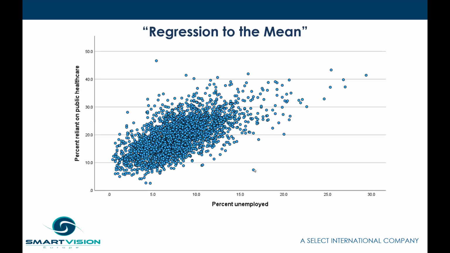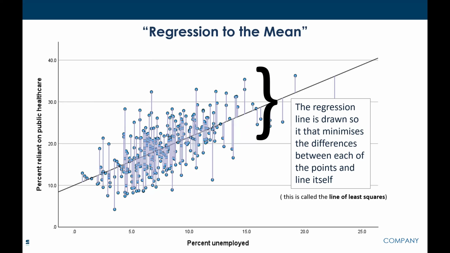The more unemployment you have, generally speaking, historically, the greater the reliance on public health care as opposed to private health care, which of course is very important in the US. Now, regression to the mean refers to this line that you can draw through this scatter plot.